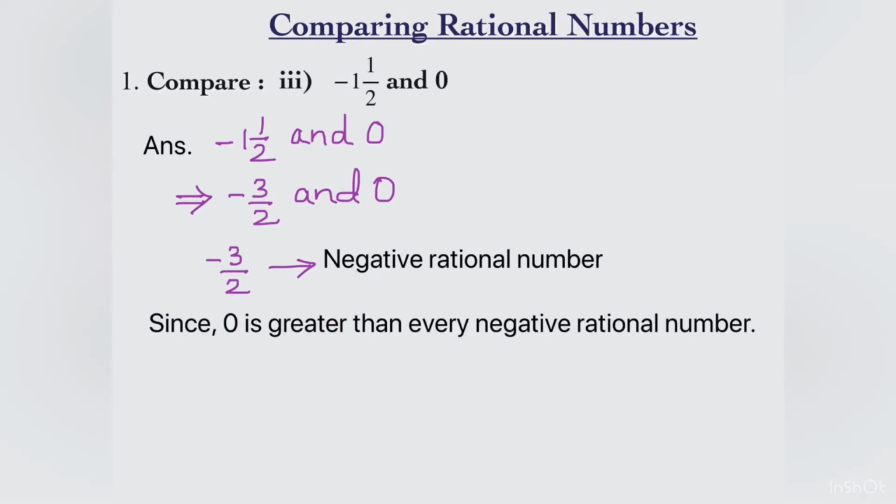Since 0 is greater than every negative rational number, therefore 0 is greater than minus 3 by 2, which implies that 0 is greater than minus 1 1 by 2.